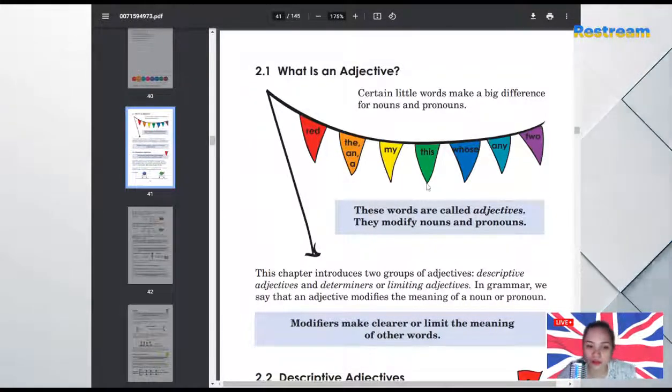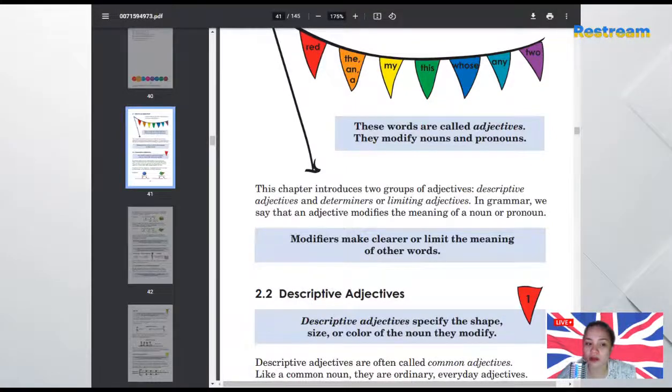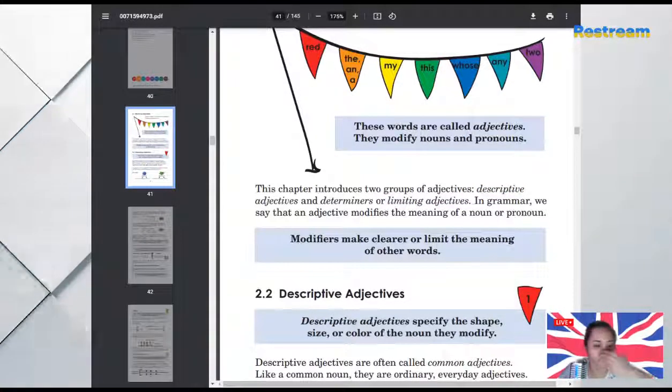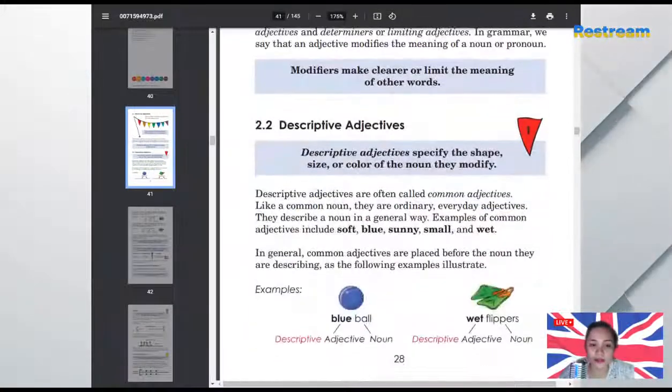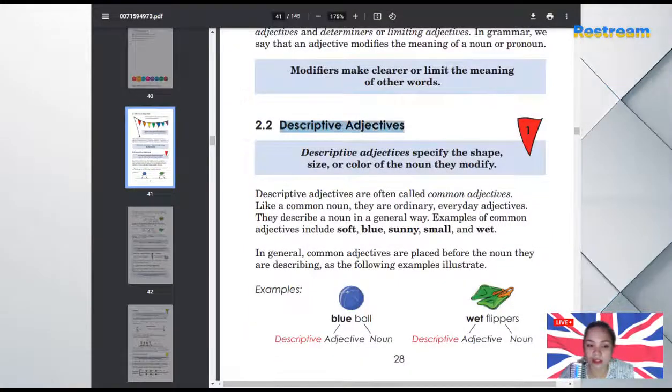We also have here the two groups of adjective. We have the descriptive adjective and the determiners or limiting adjectives. We started first with the descriptive adjective.